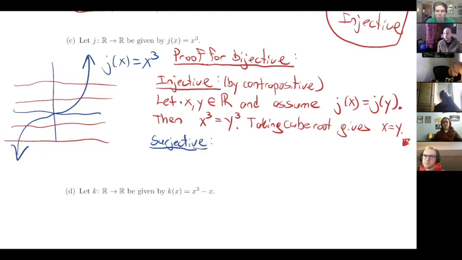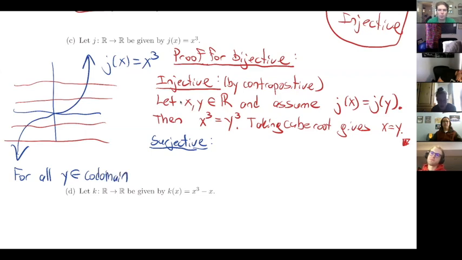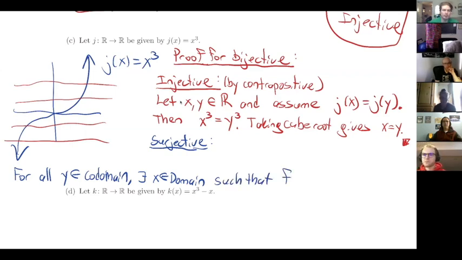So for the surjective part, again, by definition, we want to show that for all things that are in the codomain, there exists some x in the domain such that f of x is equal to y.